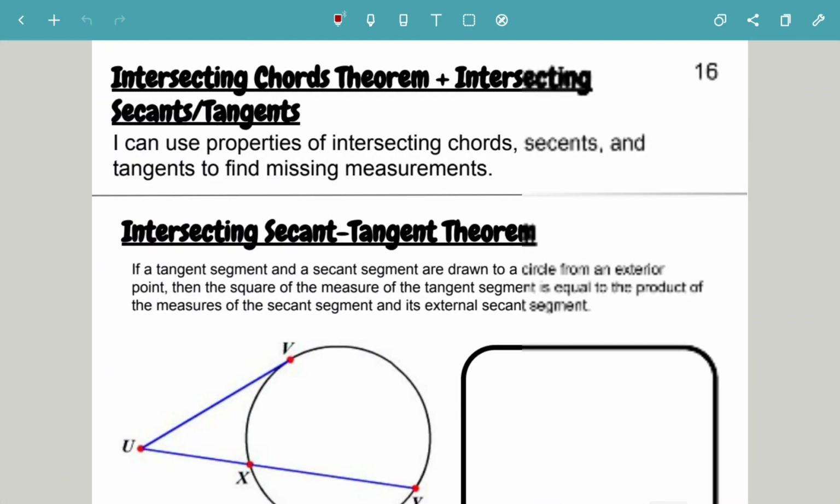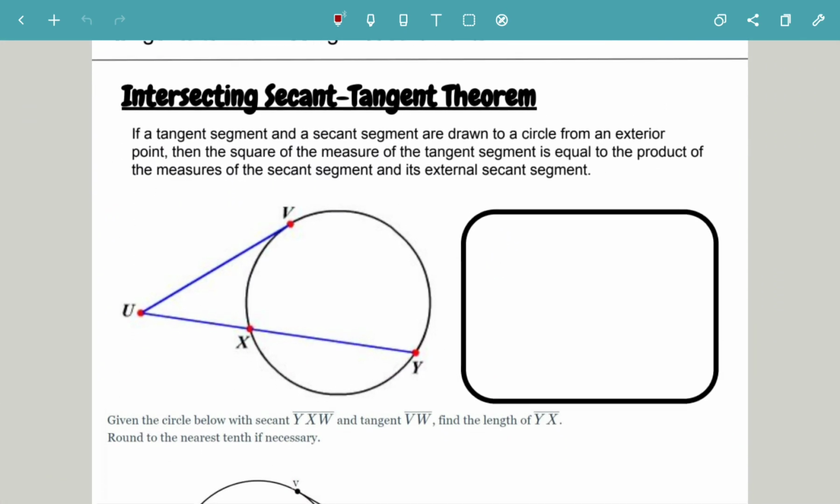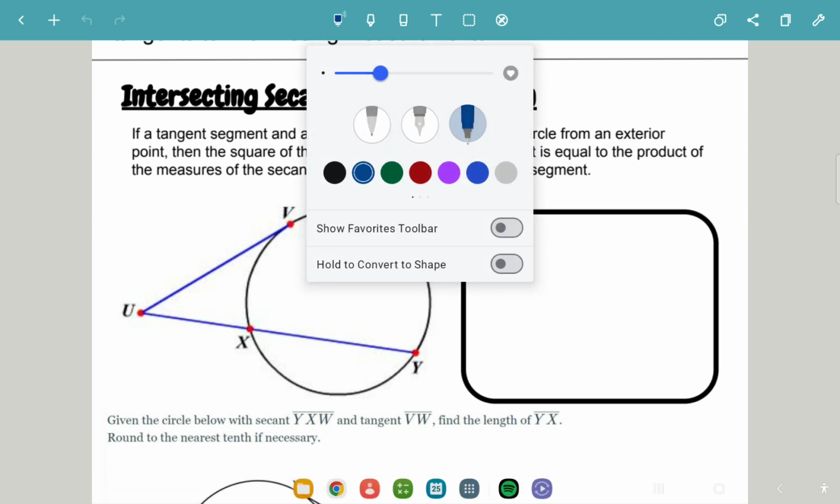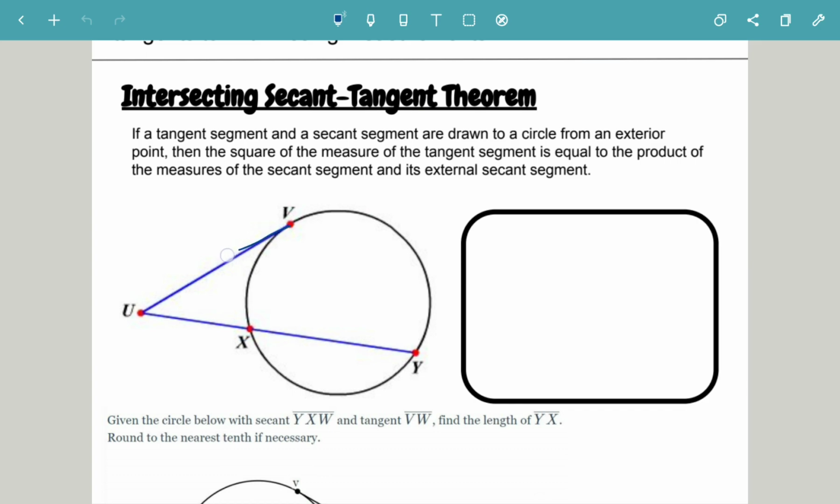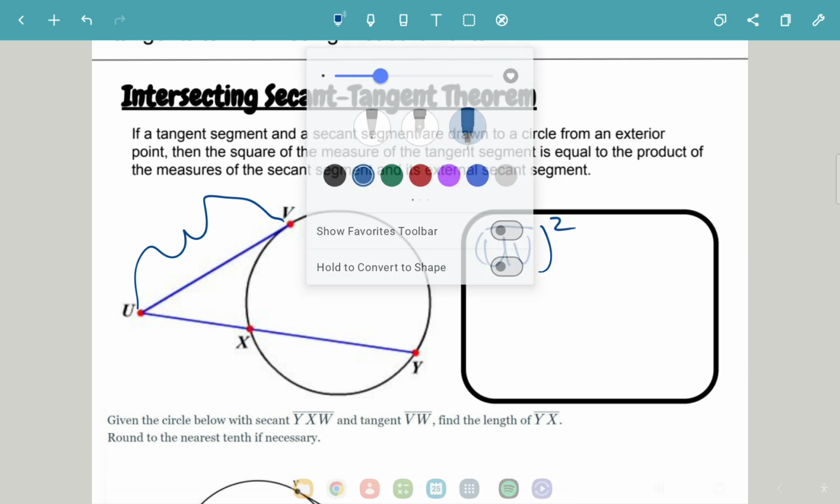Now we got one more theorem to discuss, and that is the intersecting secant-tangent theorem. And this one is similar, but the tangent does not go inside that circle. It touches the outside once and goes on forever. So it's going to look a little different. We have this outer segment here, and we are going to square that.